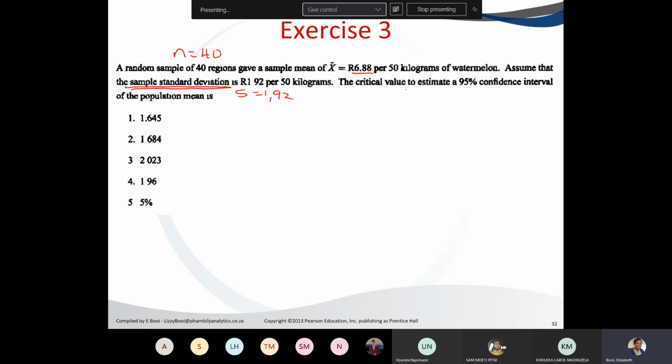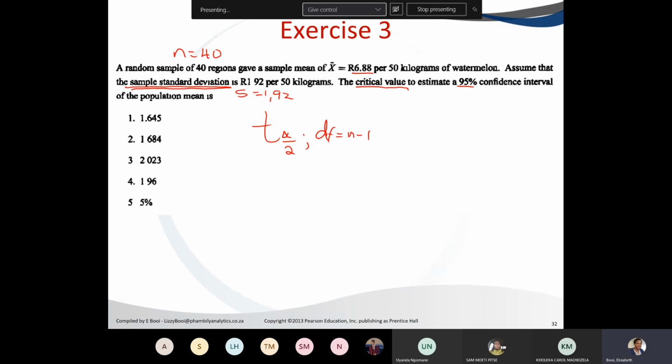What is the critical value? So you need to go find the critical value at 95% confidence interval. What they're asking you to find is t alpha divided by 2 with degrees of freedom of n minus 1.